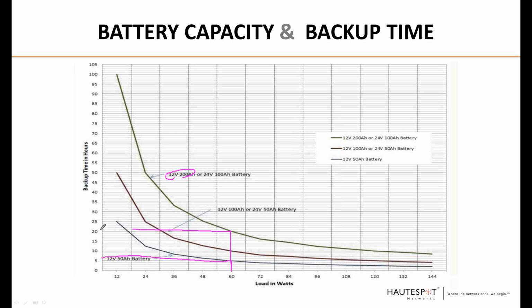You were looking at about 20 watts of battery backup. Compare that to a lower draw system, maybe at 24 watts, you can get up to 50 hours of battery backup. That's how you can navigate this chart, and this will be available for you after the presentation for reference.